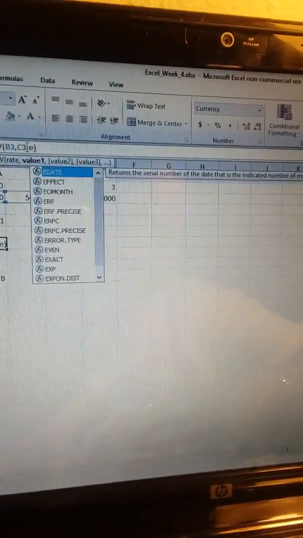So you just enter that in there. So much easier to do it in Excel than to do it by hand. And then here it's just going to be a plus, and it's going to be your initial investment. And that's going to be your B3.